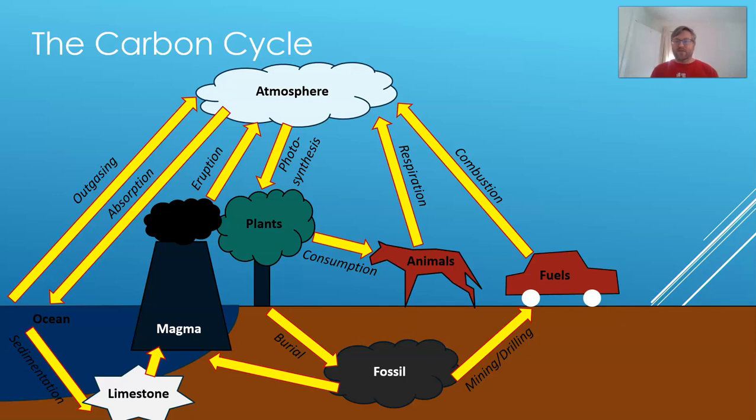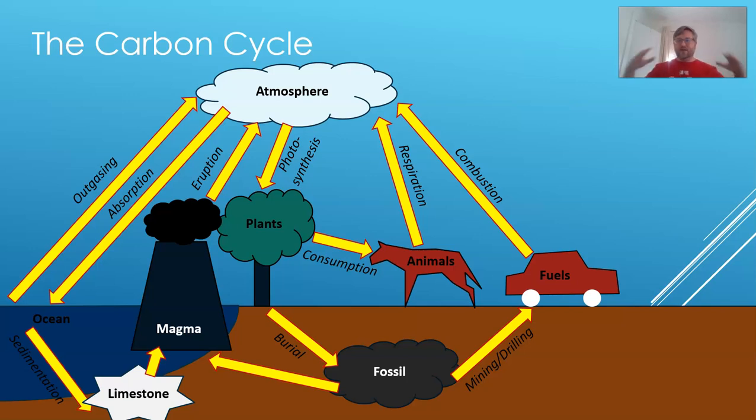Some of that carbon that's in the ocean ends up falling to the floor of the ocean, usually because it is incorporated into the bodies of ocean creatures. So carbon gets used to make shells and other parts of ocean creatures from that oceanic carbon. They die, and that sinks to the bottom through sedimentation.